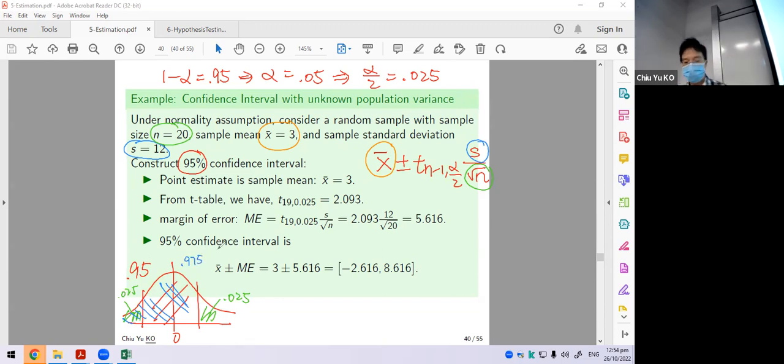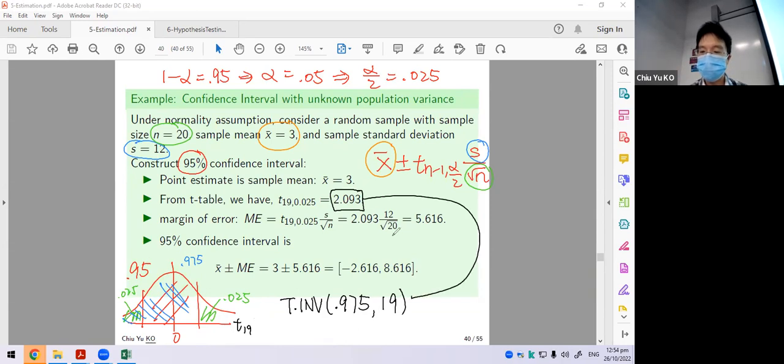Because this is t of n minus 1, it's t 19. So what is this value? It will be t dot inverse 0.975, 19. So that is what you get. You get this number.